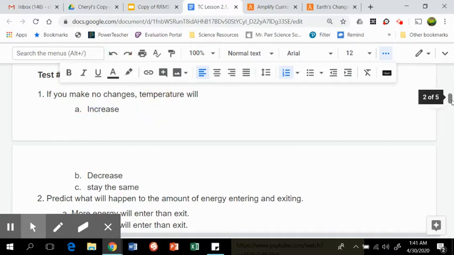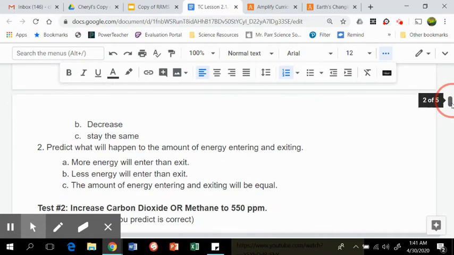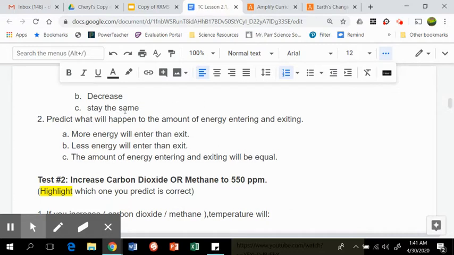So you're going to make a prediction. If we make no changes, what will happen to the temperature? Now predict what will happen to the amount of energy entering and exiting if there were no changes. Do you think more energy will enter than exit the system? Less energy will enter than exit the system?